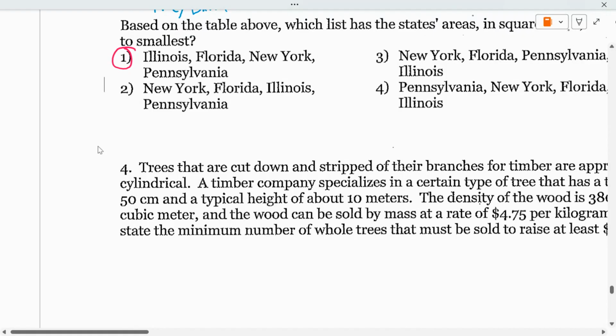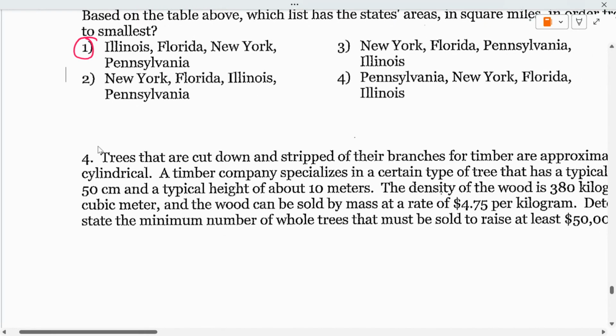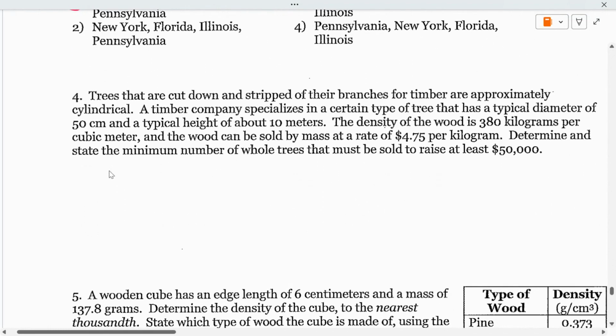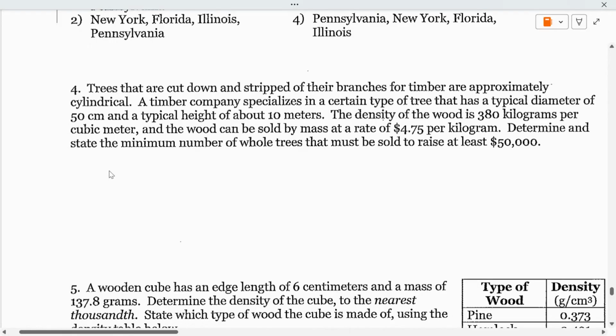Yes. Okay. So trees that are cut down, this can be the last one that we do together. Trees that are cut down and stripped of their branches for timber are approximately cylindrical. So we're going to have a cylinder that we're going to have to calculate some volume of. A timber company specializes in a certain type of tree that has a typical diameter of 50 centimeters and a height, you got to watch for this, of 10 meters.